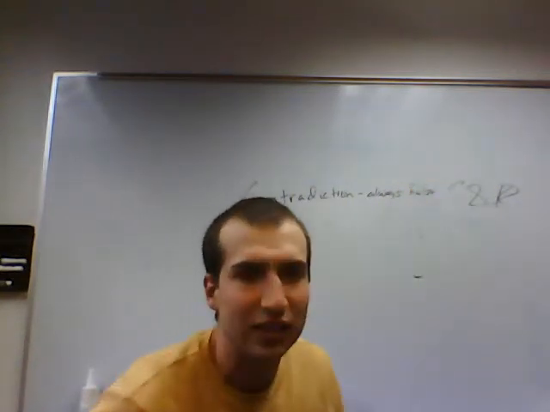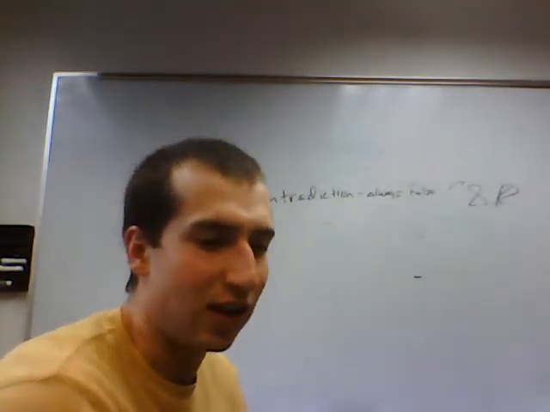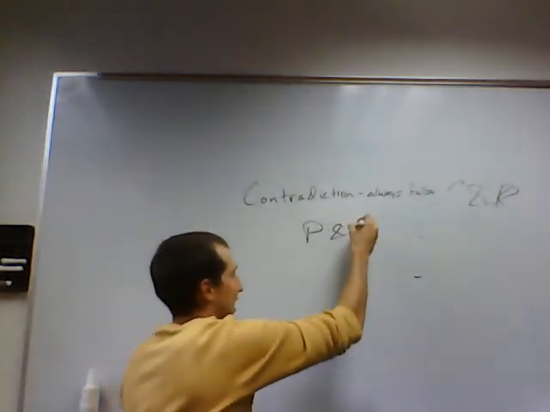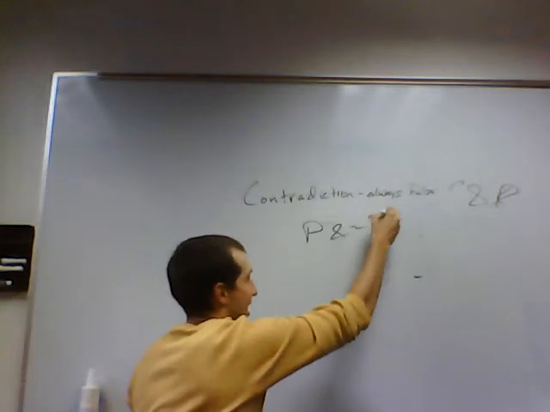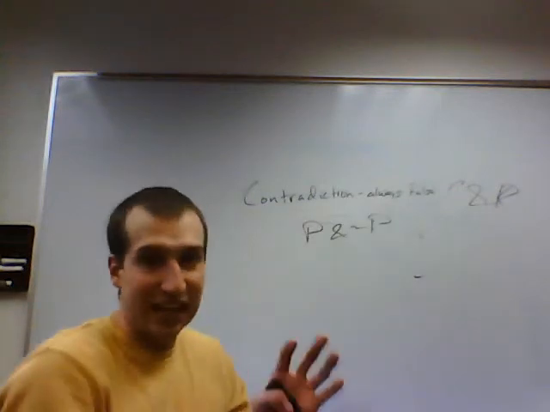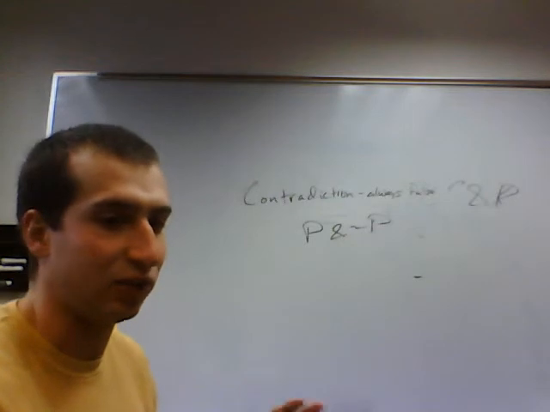It just always leads to a contradiction. So a famous example of that is P and not P, right? So assuming at the exact same time that both P and not P are true.